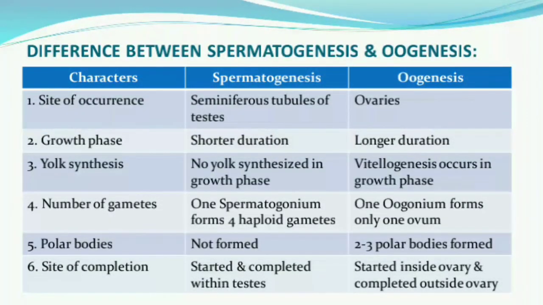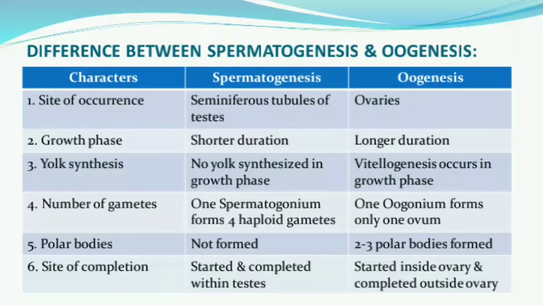The differences between spermatogenesis and oogenesis have been mentioned here. The first point of difference is the site of occurrence. Spermatogenesis, you know, occurs inside the seminiferous tubule of the testis, whereas oogenesis takes place inside the ovaries. The growth phase in spermatogenesis is of shorter duration, whereas in oogenesis it is of longer duration.